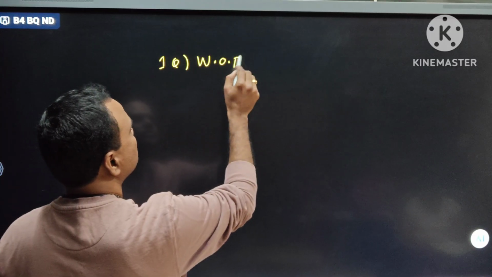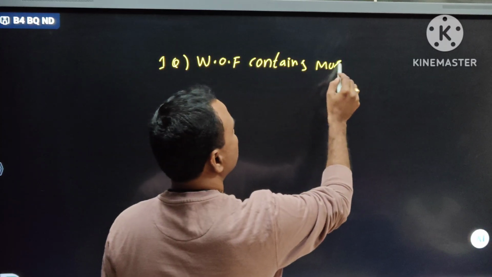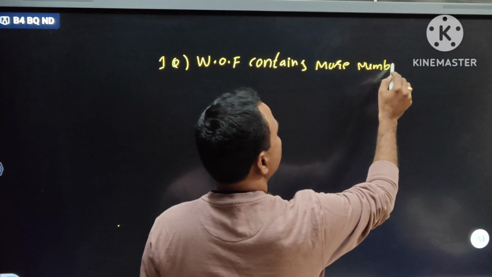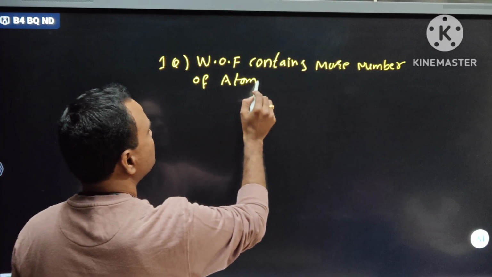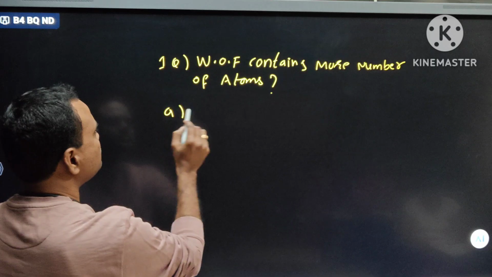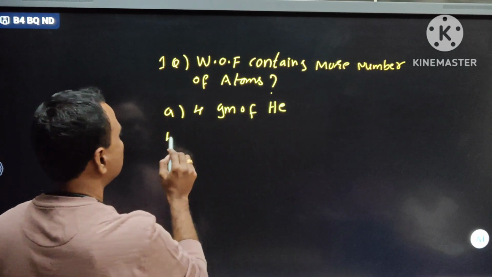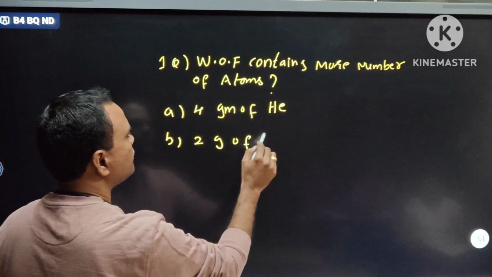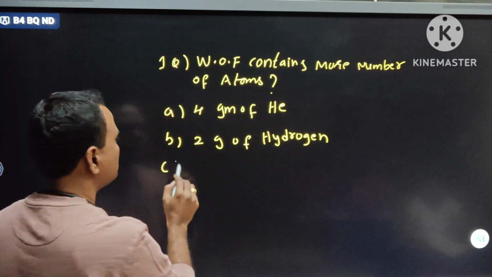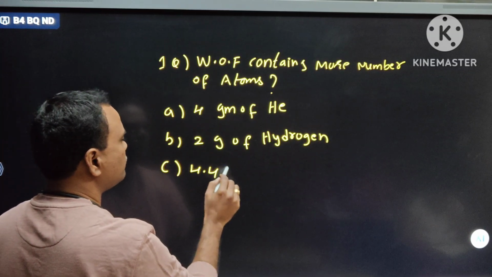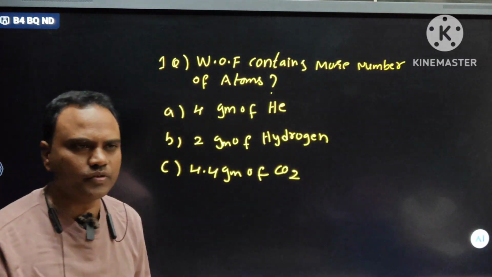Which of the following contains the maximum number of atoms? 4 grams of helium, 2 grams of hydrogen, 4.4 grams of CO2, carbon dioxide. This is the question.